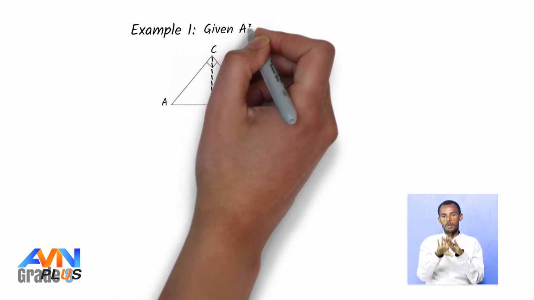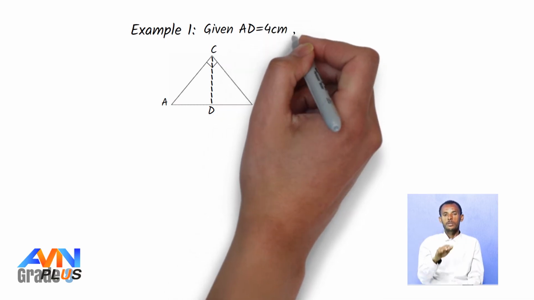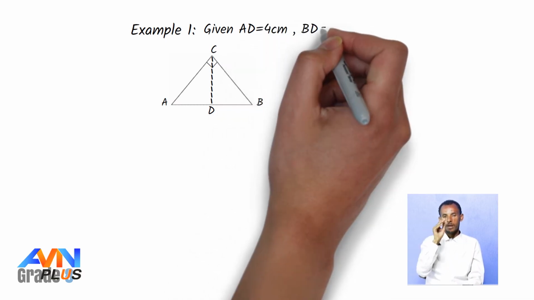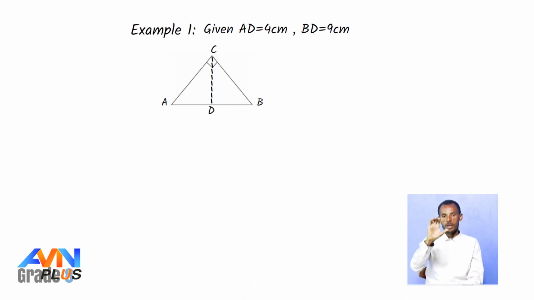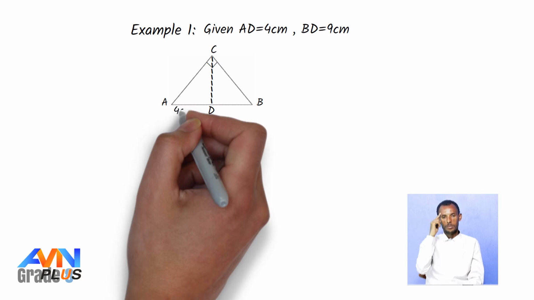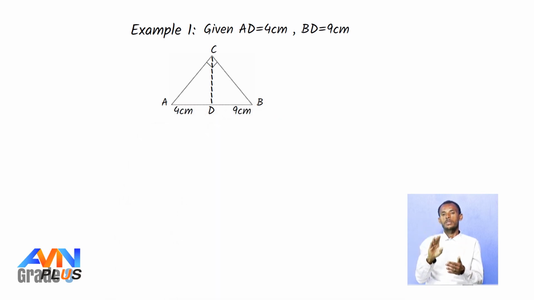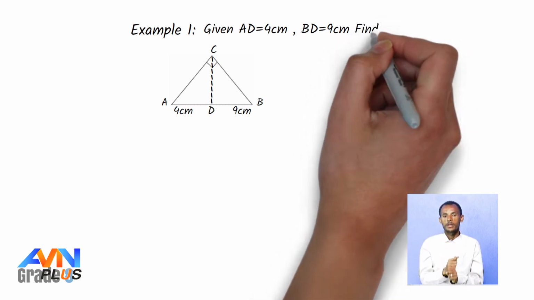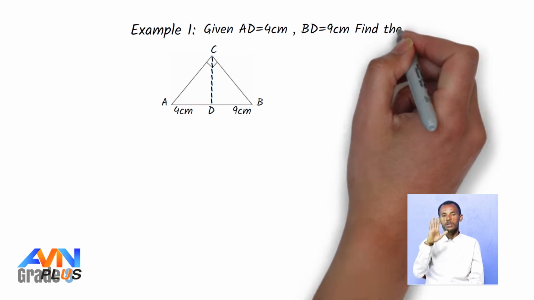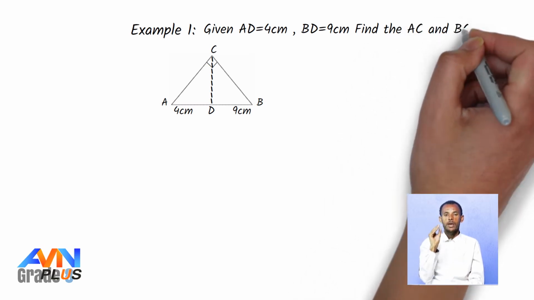Given AD is 4 centimeter and BD is 9 centimeter. Okay, assume this is 4 centimeter and this is 9 centimeter. Then find the unknown sides AC and BC.